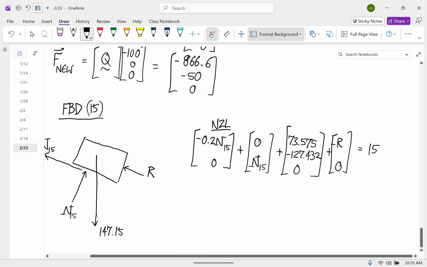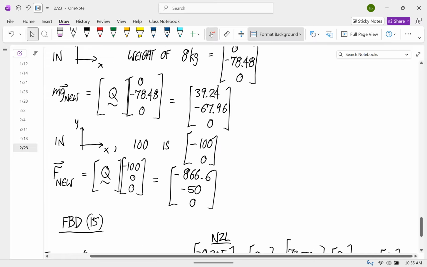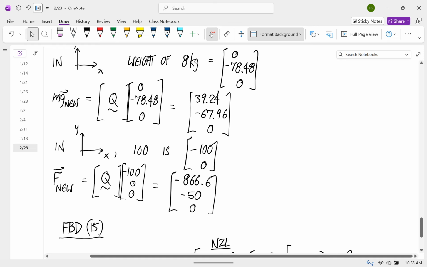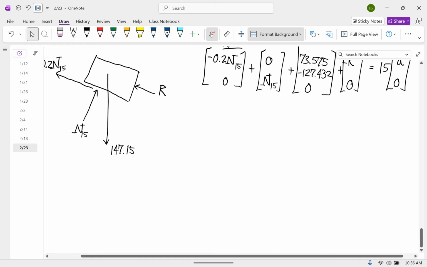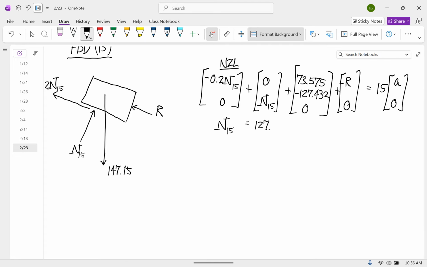And this is equal to 15 times, this thing only accelerates along the x-axis, so I'll just write it as A, 0. The signs will work out on their own. I just noticed that I multiplied this wrong. No, that's right. Okay, that's right. So N15 is equal to 127.432.